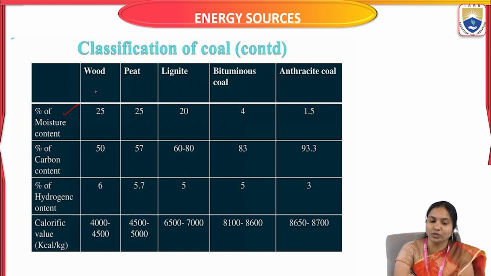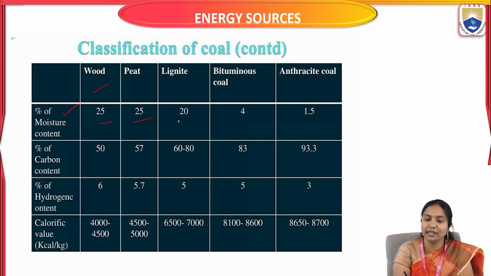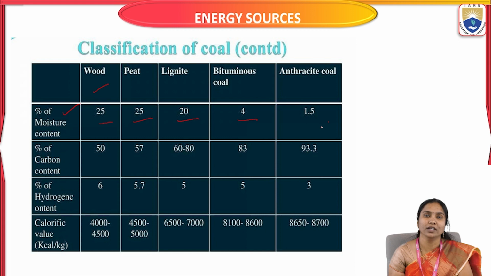Moisture content is 25% in wood, 25% in peat, 20% in lignite, 4% in bituminous coal, and 1.5% in anthracite coal. So from wood to anthracite coal, the percentage of moisture content decreases.